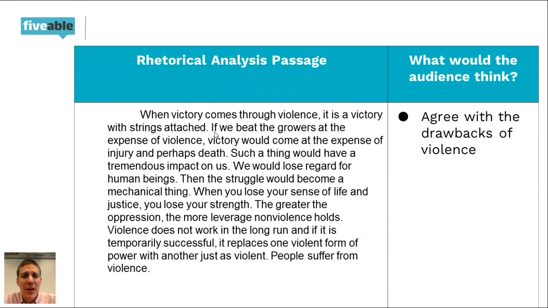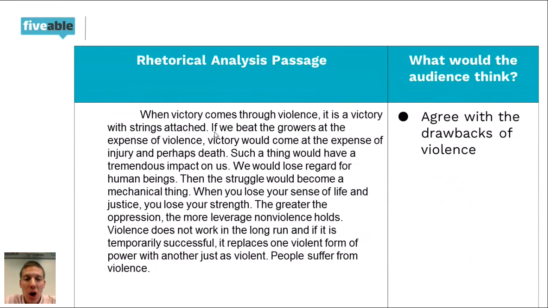Right here, "If we beat the growers at the expense of violence," and remember, growers, he's referencing the farm workers movement throughout this text. "So if we beat the growers at the expense of violence, victory would come at the expense of injury and perhaps death. Such a thing would have a tremendous impact on us." Still, us, the farm workers, Chavez, the audience, all have aligned values.